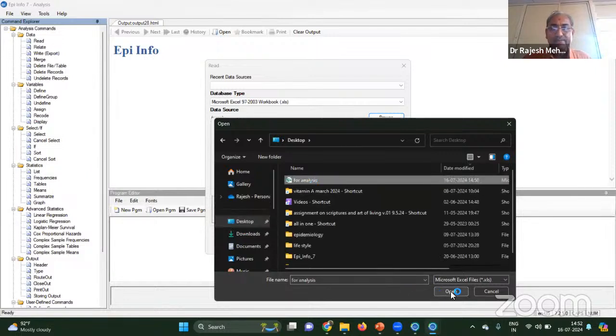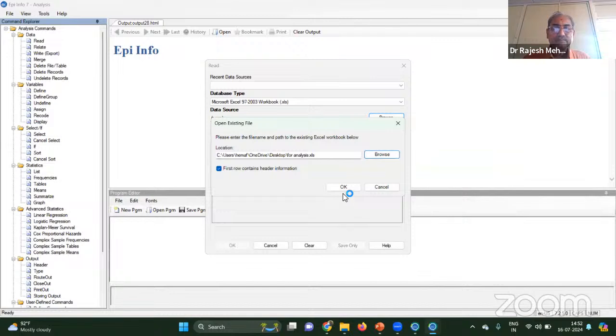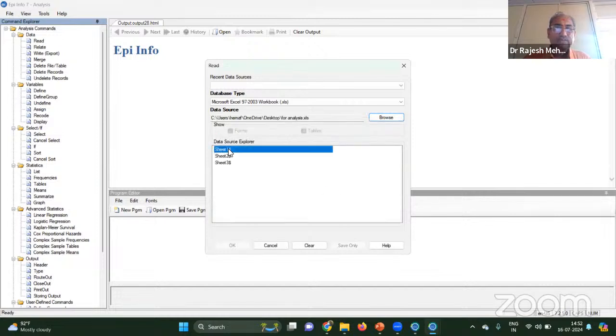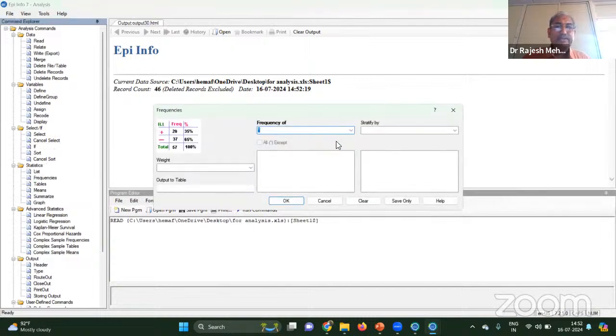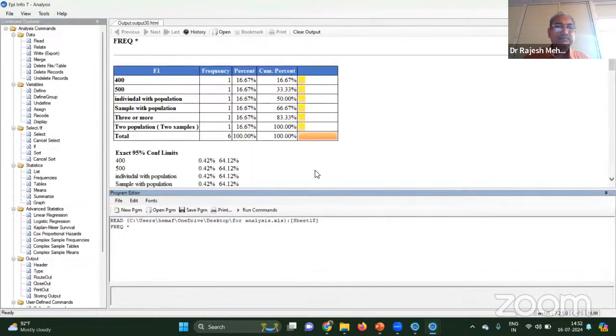Select Sheet 1, then Frequency, Start. Because we have selected Sheet 1, this is the answer.